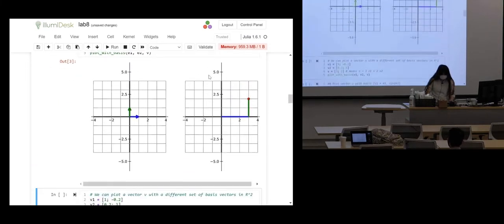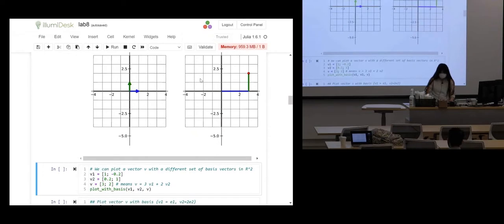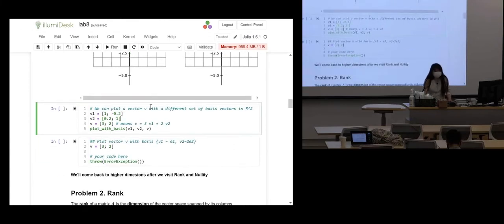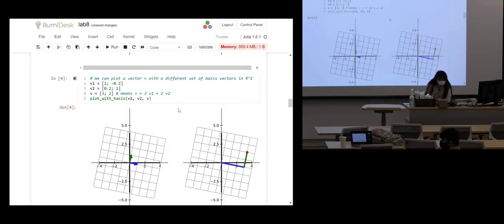So we can also plot this using a different set of bases. For example, in the next example, we are not using the natural basis. We use V1 and V2 here. And we still plot the vector V with 3 and 2 as its coordinates. So we can see here the basis is different from the natural basis, but it can still be a basis for this space.